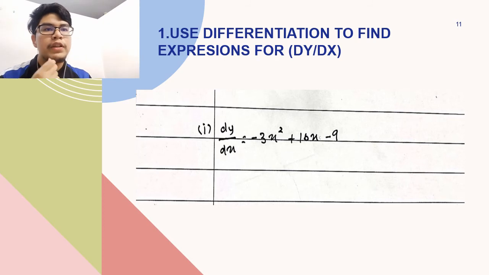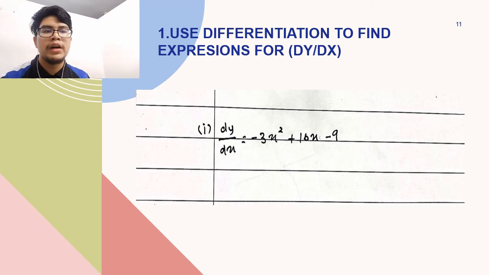First question: use differentiation to find an expression for dy/dx. The function is negative x³ plus 8x² minus 9x plus 5.